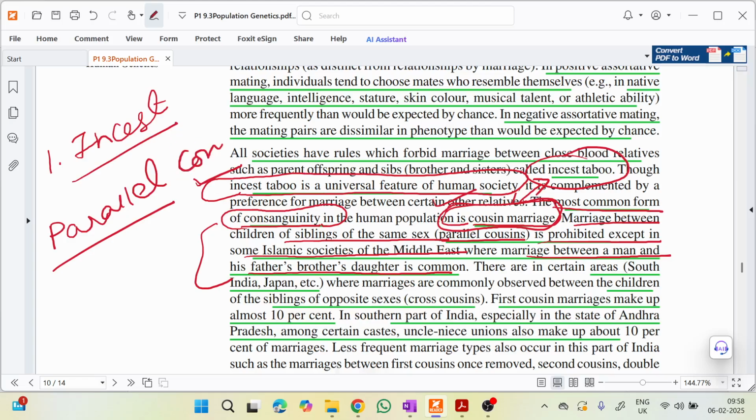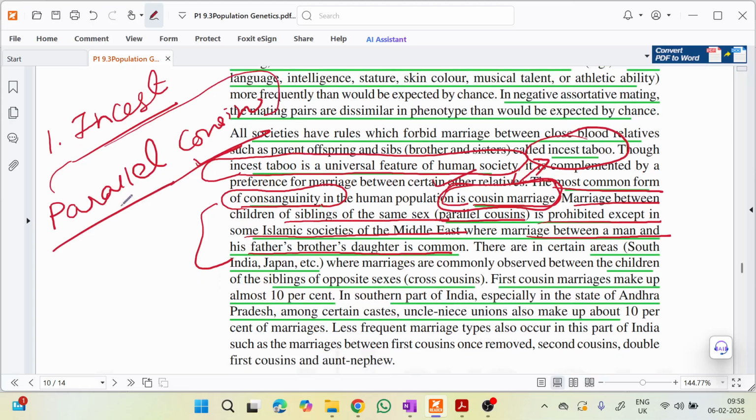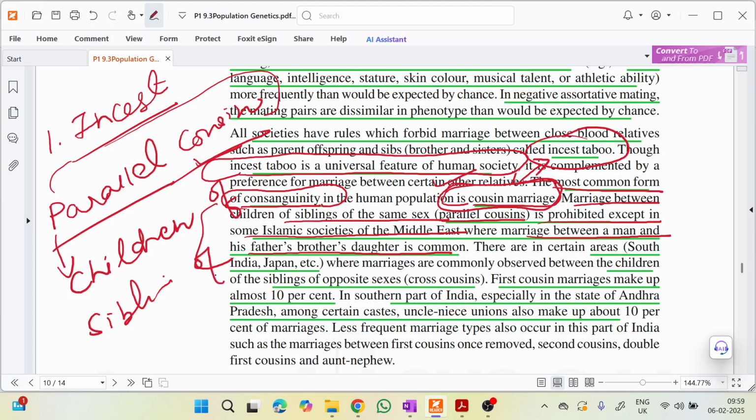Then parallel cousin marriage is also prohibited. Parallel cousins are children of siblings of the same sex. Three criteria: children of siblings of the same sex, the same gender.